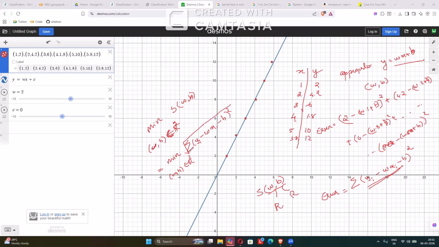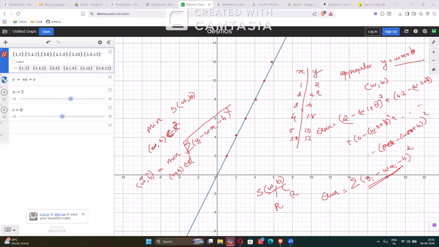Is that clear? And that ideal w and b is w cap, b cap. This is the problem of regression. To find this w cap and b cap in linear regression, we have two equations. With the help of the two equations, we can find it, right? But what is another approach we can use?